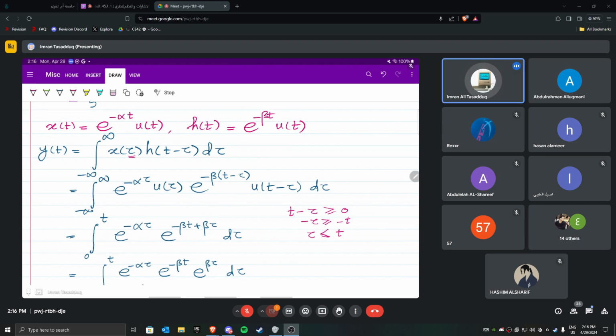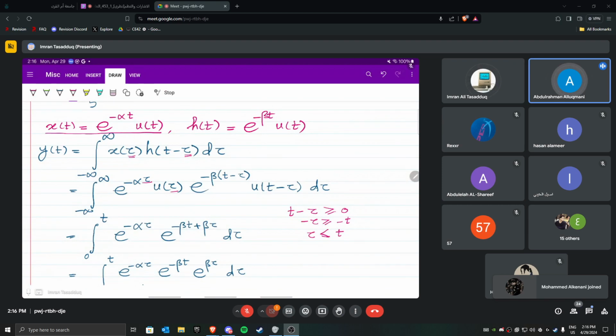You're talking about this tau. Okay, so x of t is given, which is this, and I want here x of tau. So wherever you see t, change it to tau. That's why I changed this to tau and this to tau. This is very important. This tau and t, if you mix them up, then you are done.